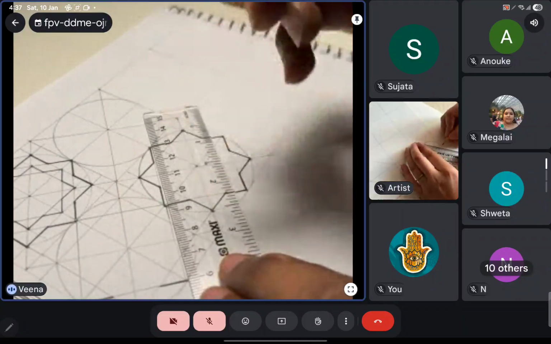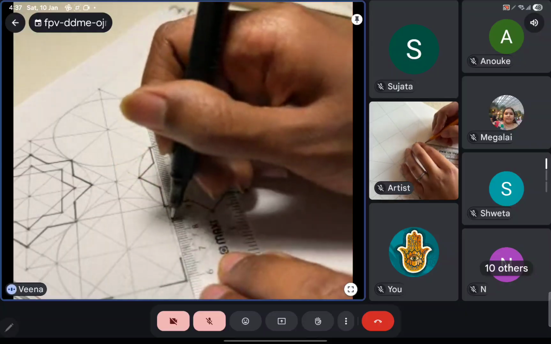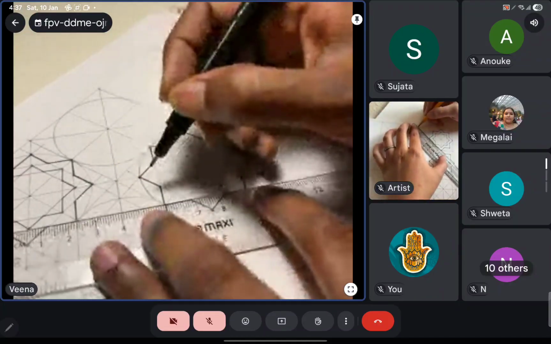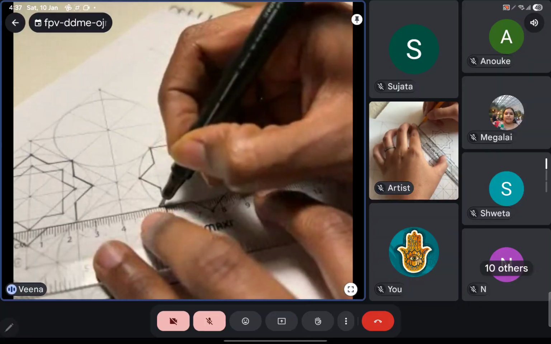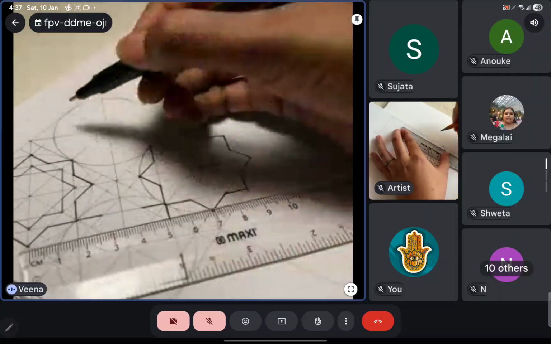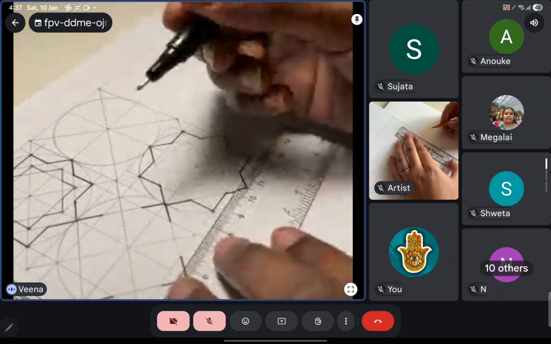So we just keep repeating what we have done initially in every square. And over a period of time, you'll be like, okay, I can just extend this line like this. I can just extend this like this. So you sort of keep building that habit.